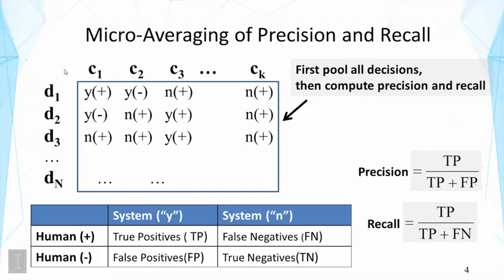And then we can compute the precision and recall just once. Now, in contrast, in macro averaging, we're going to do that for each category first, and then aggregate over these categories, or we do that for each document, and then aggregate over all the documents. But here we pool them together.